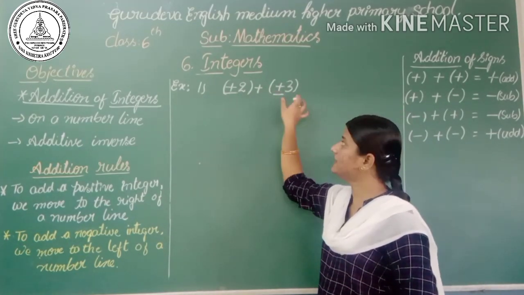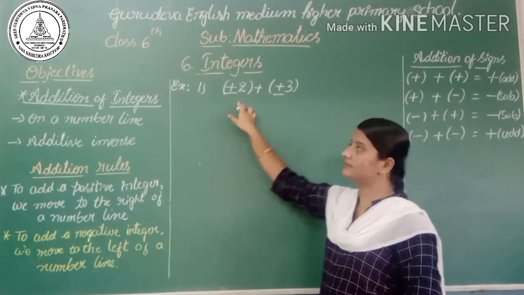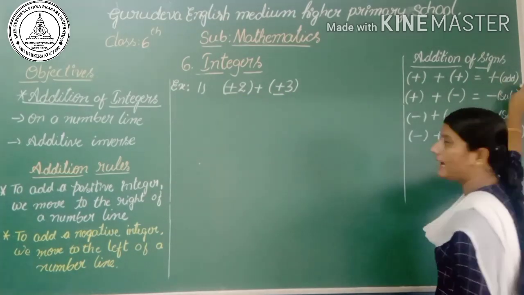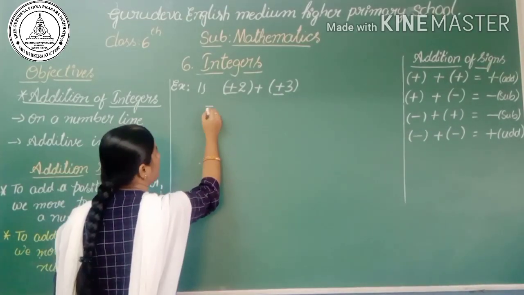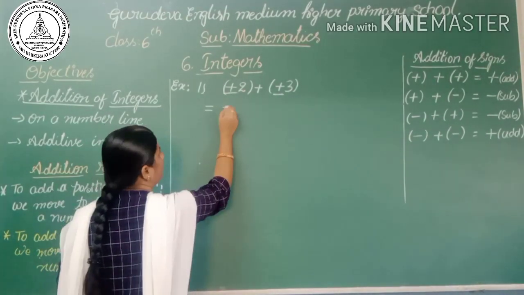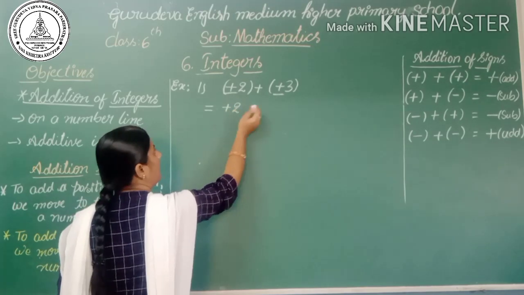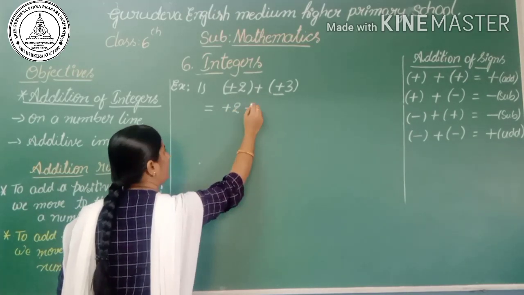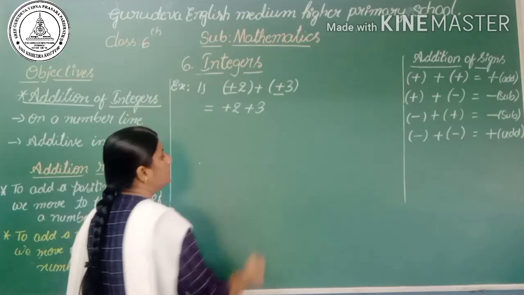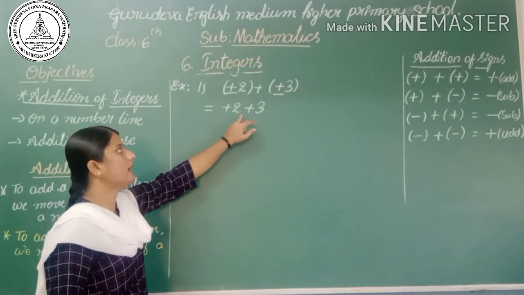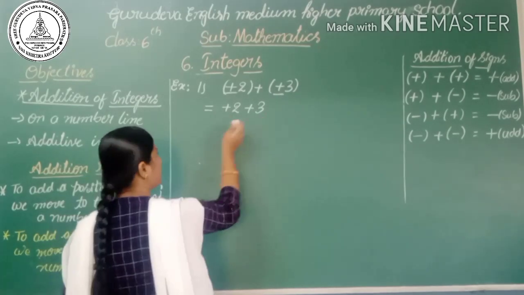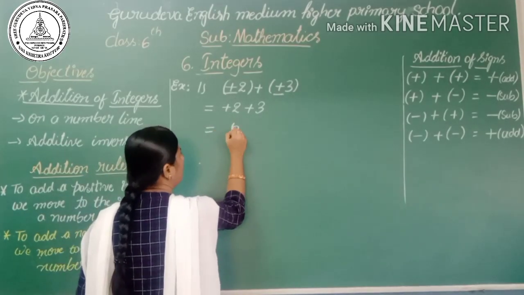Solution: equals plus 2, remove the bracket, and plus 3. Since the two integers have like signs, we have to add. So 2 plus 3 is equals to 5.